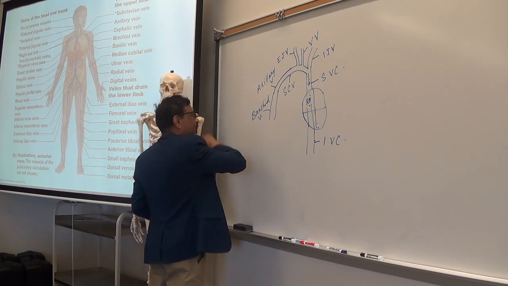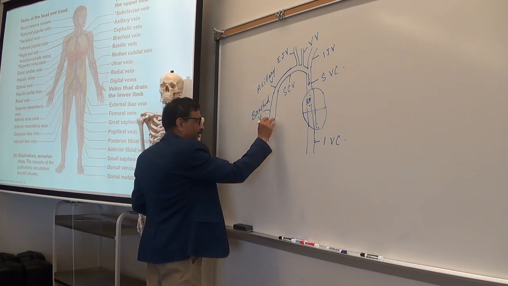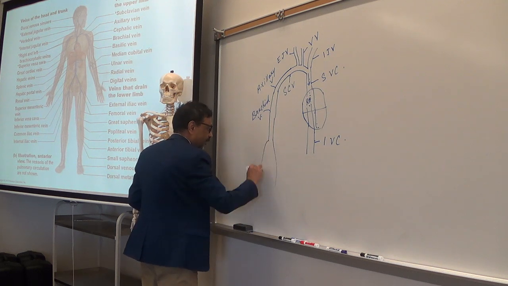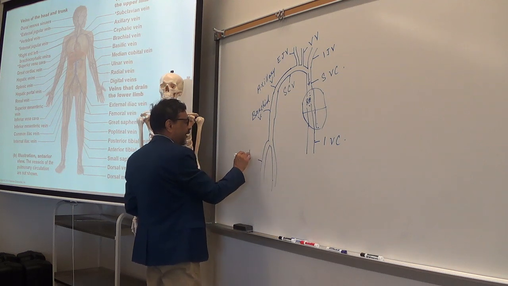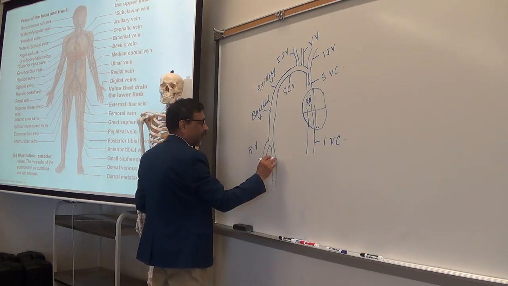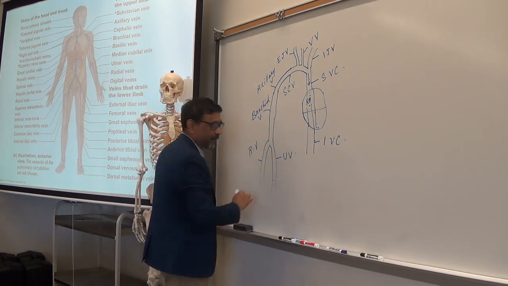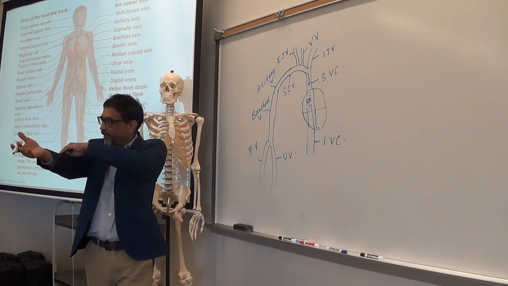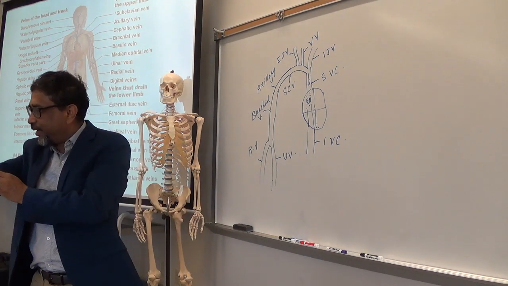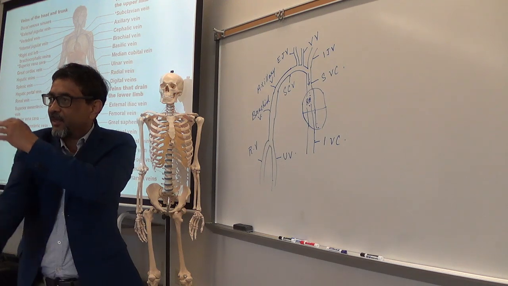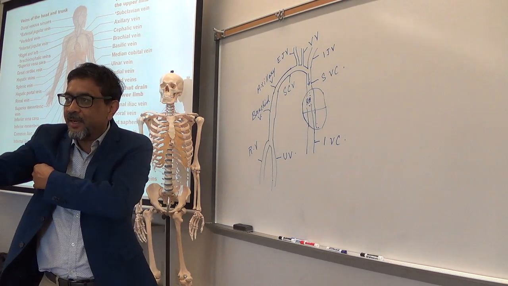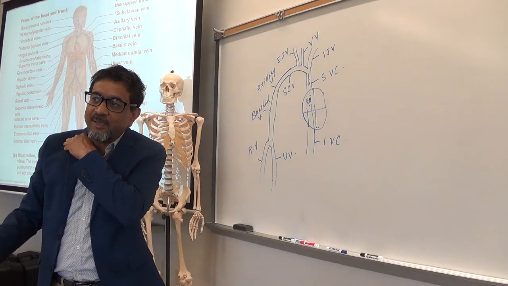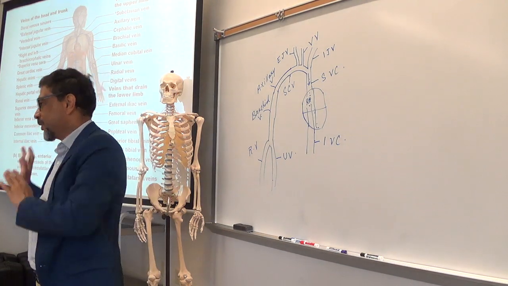Brachial vein, and then divides into two in the forearm, radial vein and ulnar vein. Make sense? Here, like artery, radial and ulnar, right? Here, brachial vein, like brachial artery. Here, axillary vein, subclavian, right? So those are same as artery.